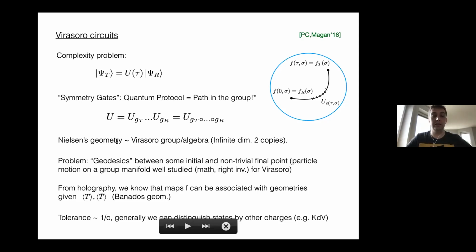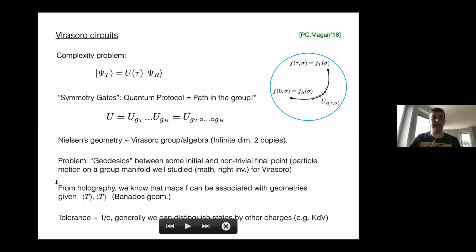And then the Nielsen geometry itself would be, of course, the geometry of the Virasoro group or the Virasoro algebra. This is, of course, the difference from the standard quantum information familiar cases, that now it's infinite dimensional, but we know how to deal with that. And we have two copies of this. And we will be looking for geodesics between some initial and non-trivial final point on this manifold.